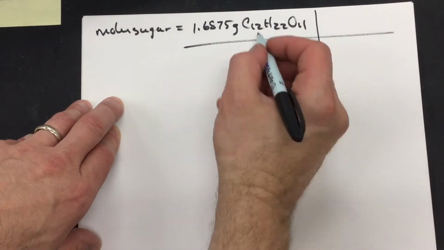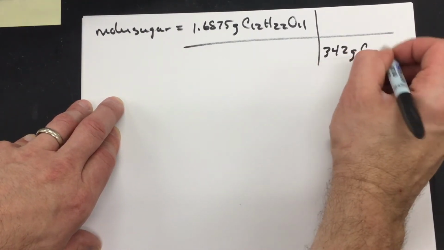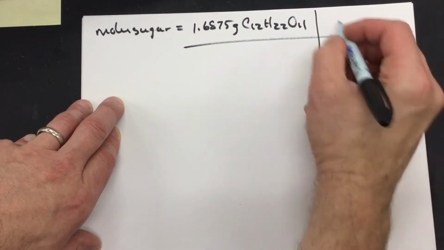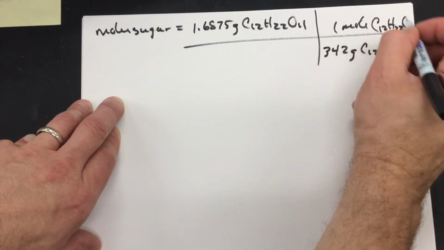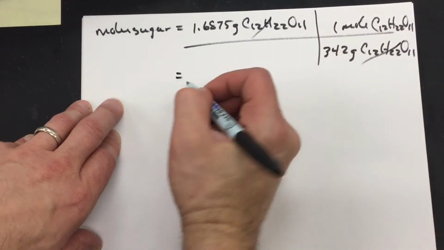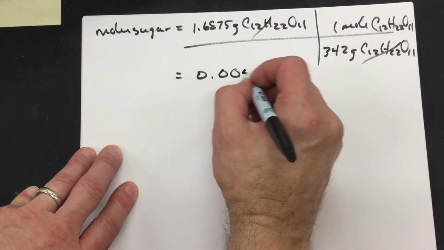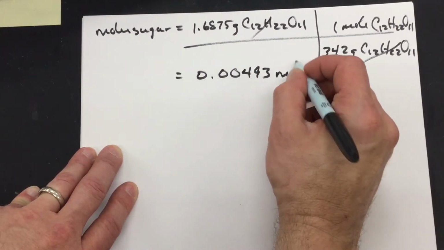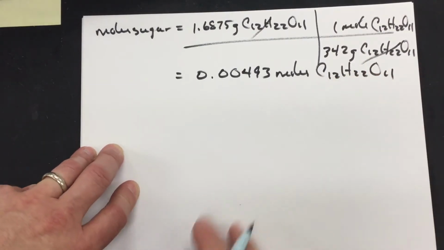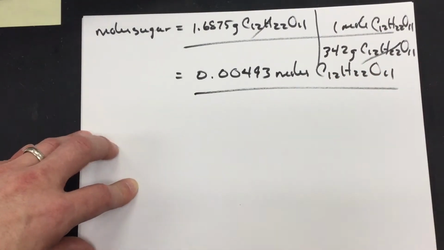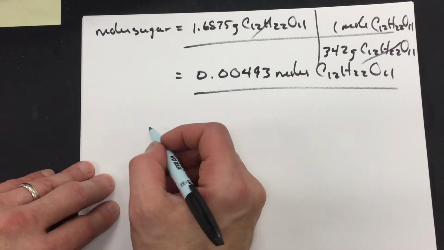And if you figure it out for C12H22O11, I think that's 342 grams in 1 mole. Okay, so we divide those out. We get a small number. It's 0.00493 moles of C12H22O11.